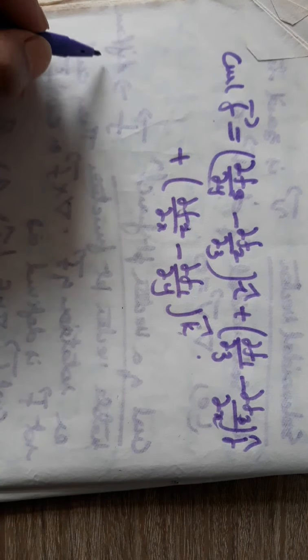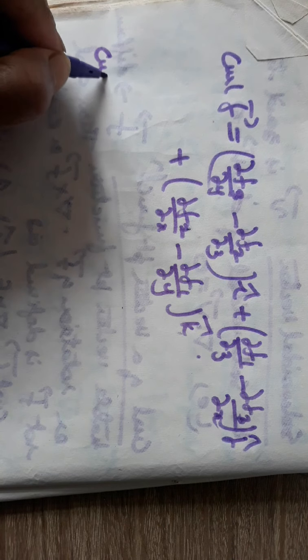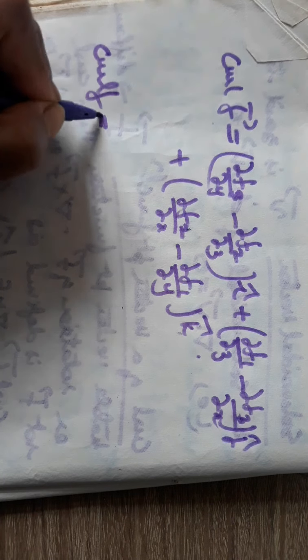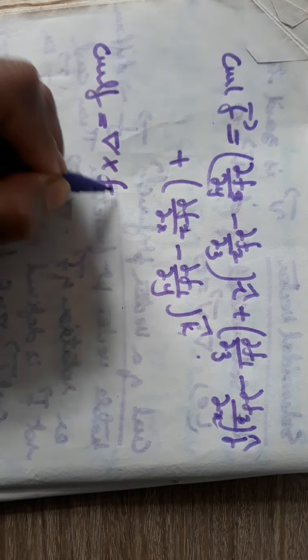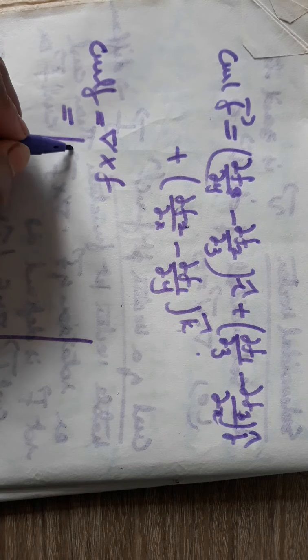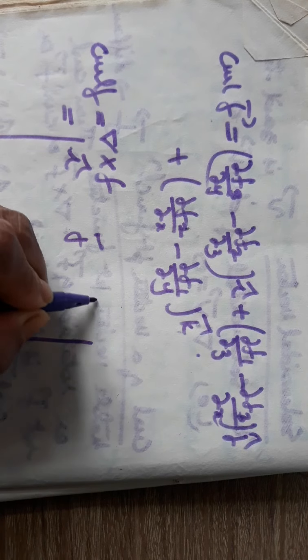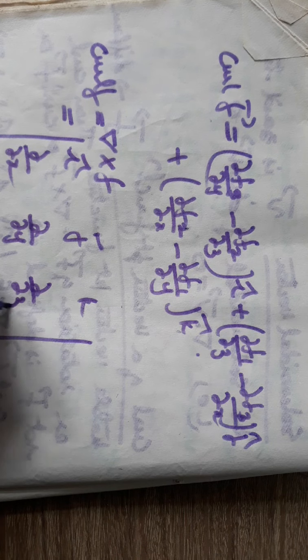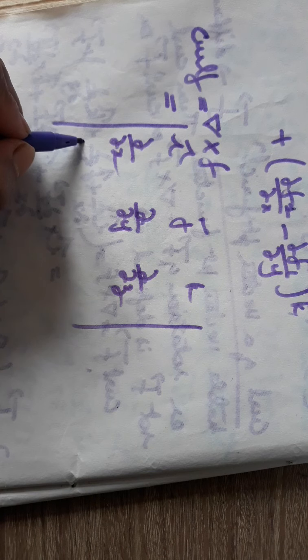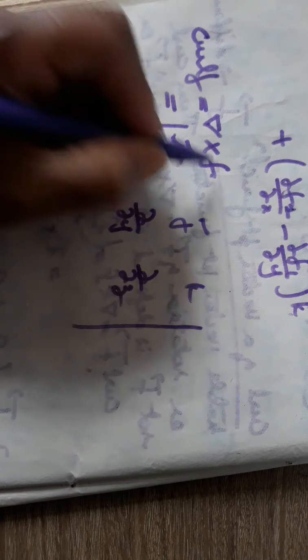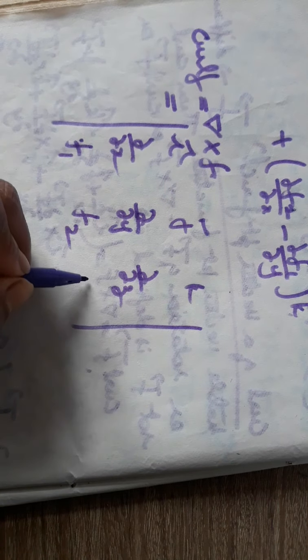With the same definition you can also express curl of f bar, del cross f, in Cartesian form, where in the first row you write i, j and k, in the second row you write del/del x, del/del y, del/del z, and in the third row you write the coefficients of i, j, k of f, that is f1, f2, f3.